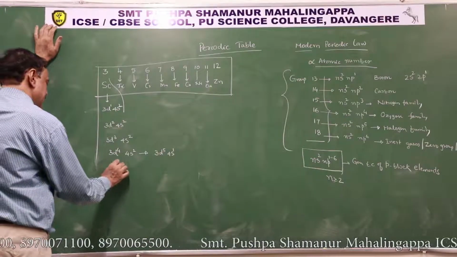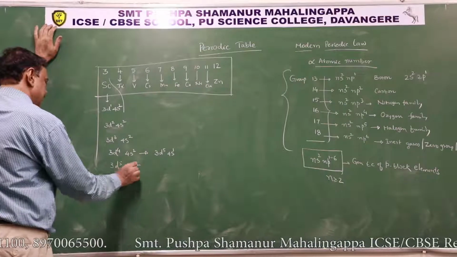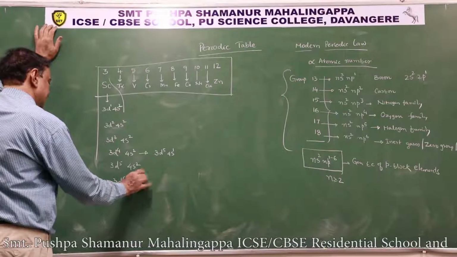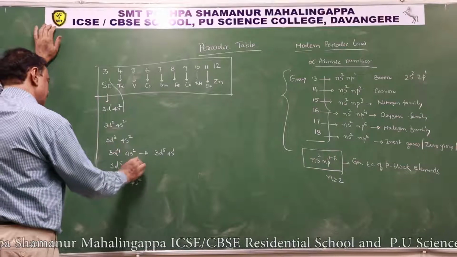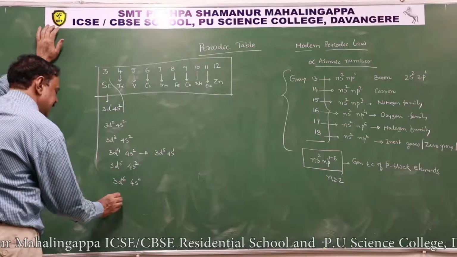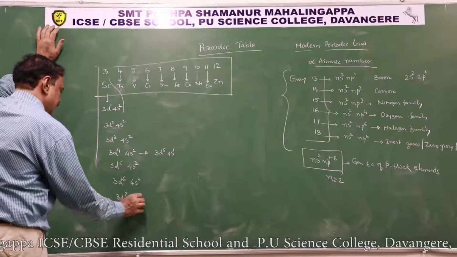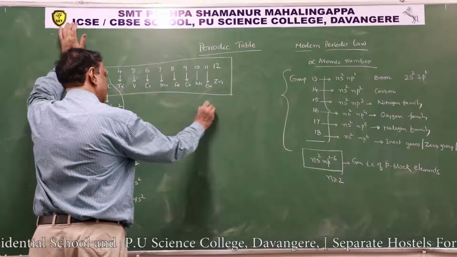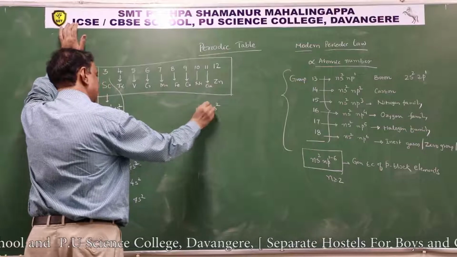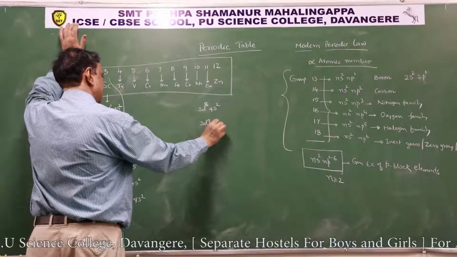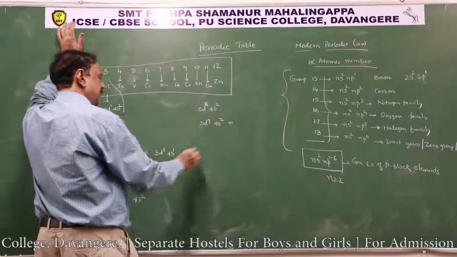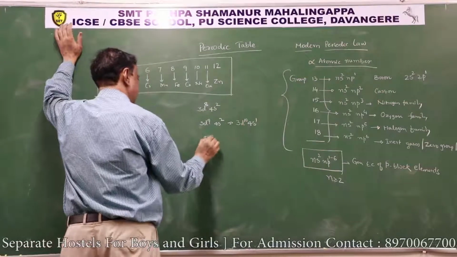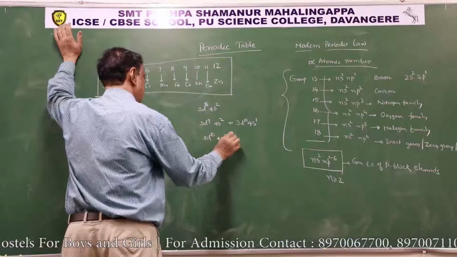Next, 3d5 4s2 configuration, 3d6 4s2 configuration, 3d7 4s2 configuration, 3d8 4s2 configuration, 3d9 4s2 configuration. Finally, we have 3d10 4s1 configuration and 3d10 4s2 configuration.